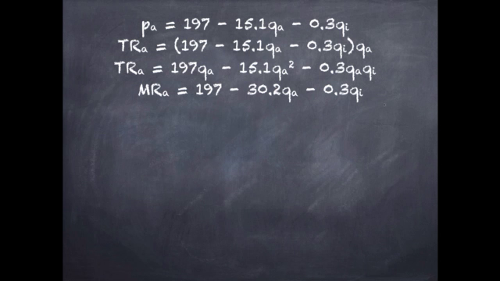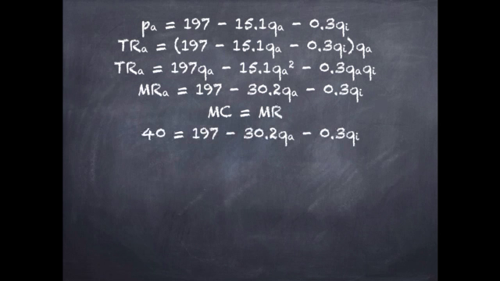If we equate this to marginal cost, we will be able to solve for QA. That will give us our best response function. So marginal cost is equal to 40. Marginal revenue is 197 minus 30.2 QA minus 0.3 QI.